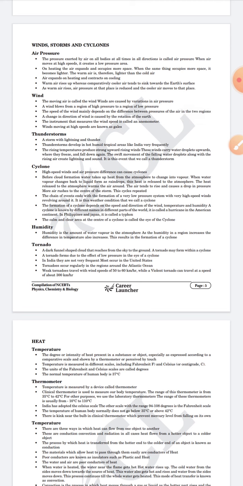Cyclone. High speed wind and air pressure difference can cause cyclones.